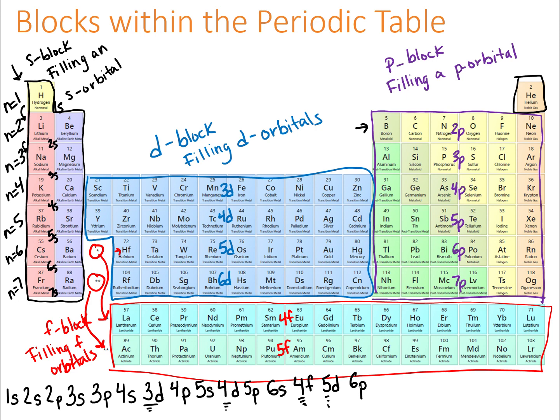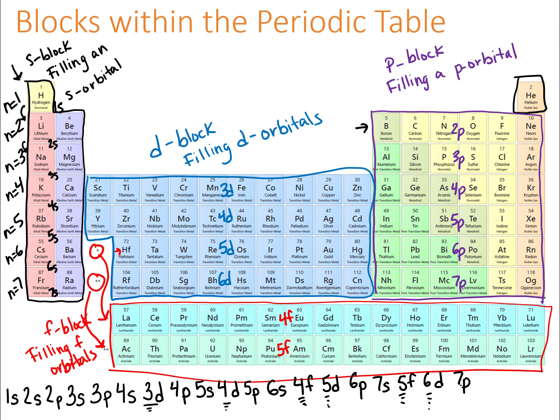Same pattern again for the last row. 7s, 5f, 6d, then 7p.